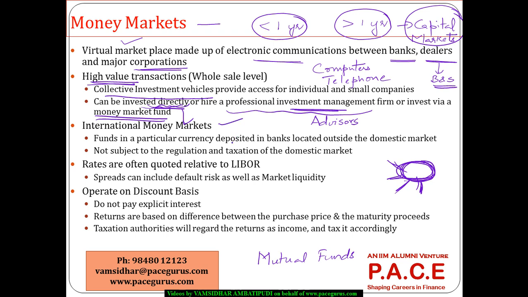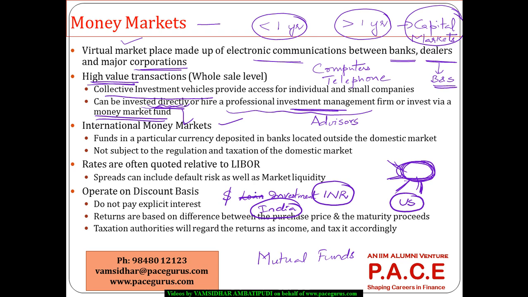And there are international money markets also, where we are talking about a fund which is, let's say, INR, Indian rupee denominated, but this Indian rupee is deposited in a bank probably in the US, which is outside India. Or let's say a dollar denominated loan or an investment, but I don't invest in a US bank, I invest that dollar in India.